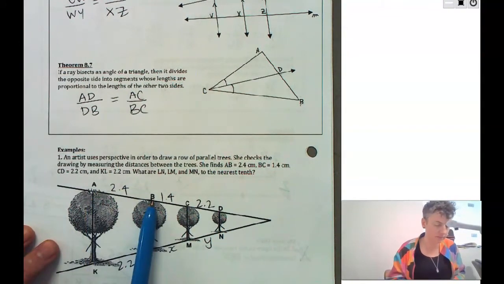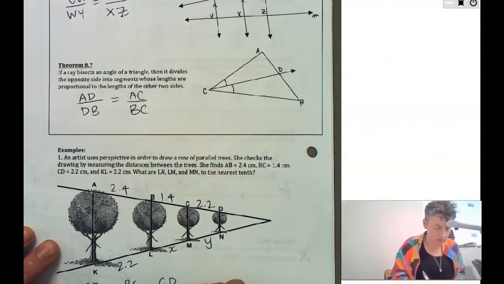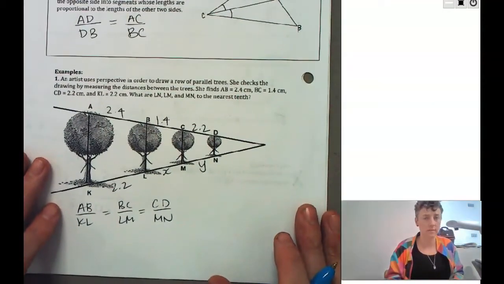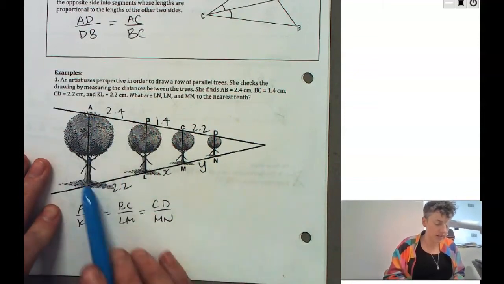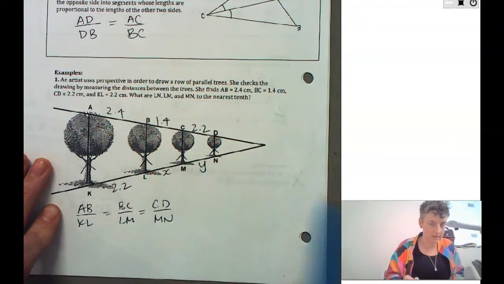So AB over KL is going to equal BC over LM is going to equal CD over MN.